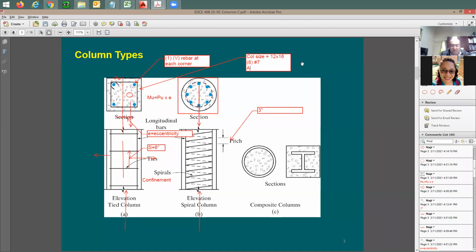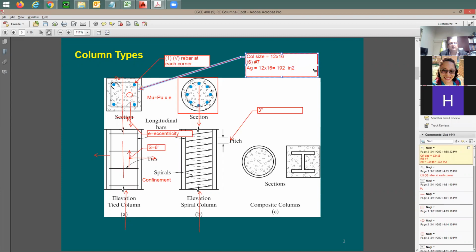My question is, how much is AG? I need your help. How much? 192 square inches. Okay.